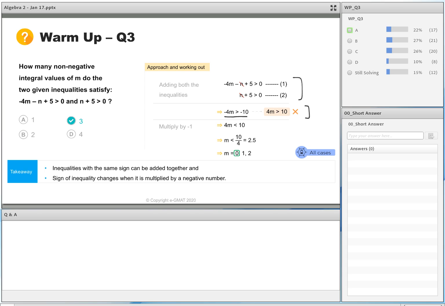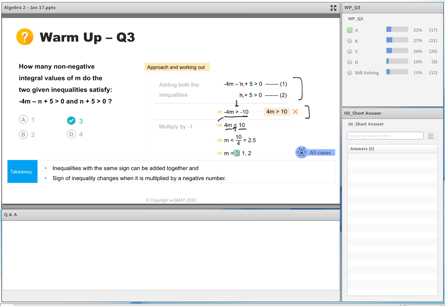So minus 4m times minus 1 becomes 4m, and then minus 10 times minus 1 becomes plus 10. As I told you, when we multiply an inequality with a negative number, the sign of the inequality would change. So from a greater than sign over here, the sign right now would be a less than sign. And this is a mistake that a lot of people make.